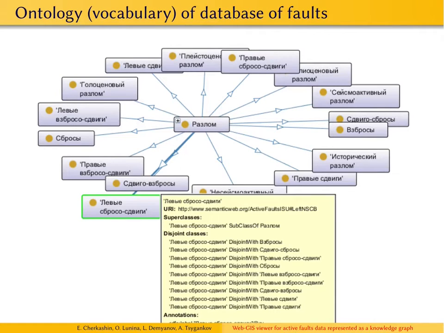At present, the resulting vocabulary is flat. We have only one subject, a fault. Everything else is either a reference to a URL or a value. In the future, we should respect other kinds of entities, for example earthquakes, as individual objects.